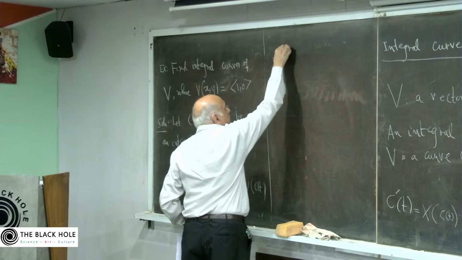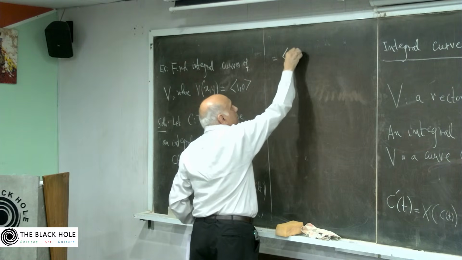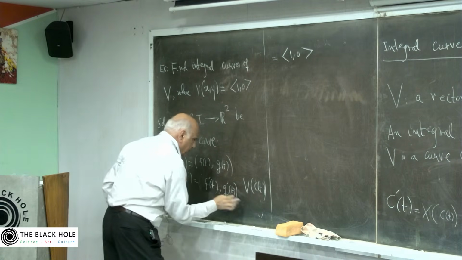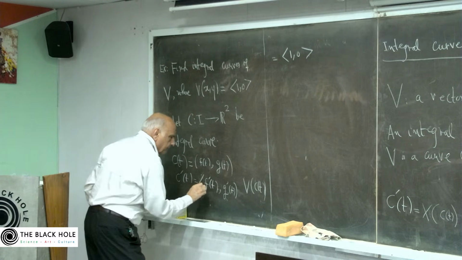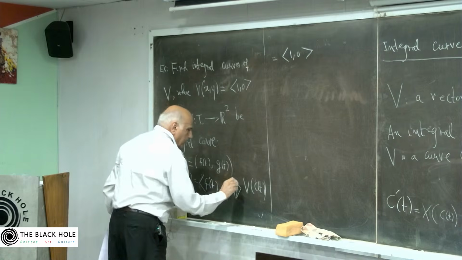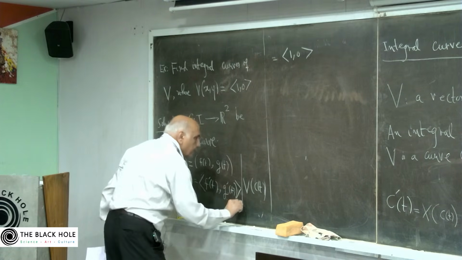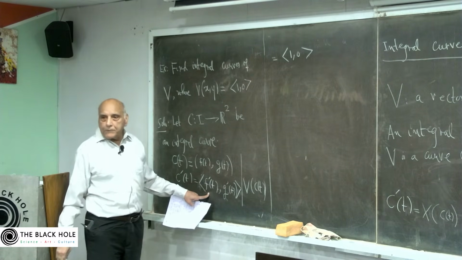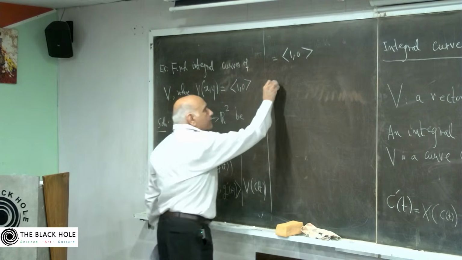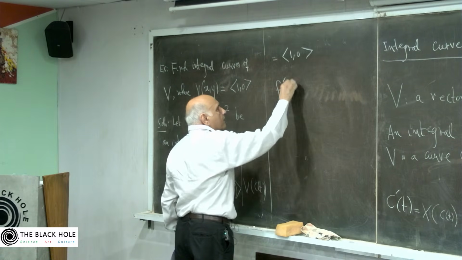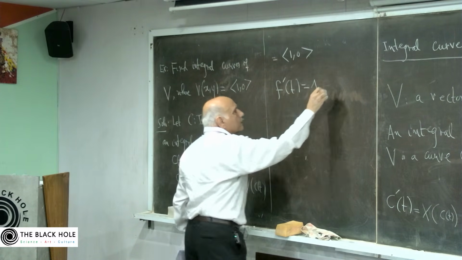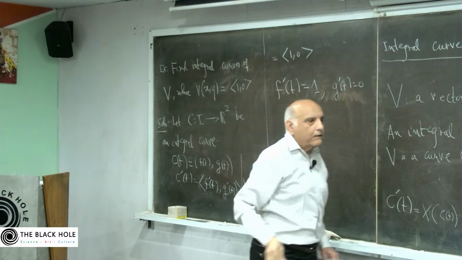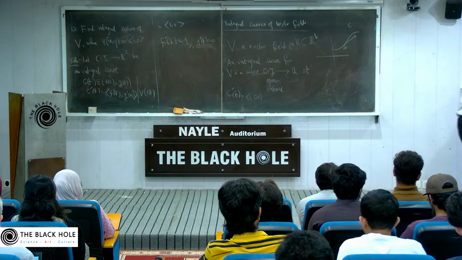Because I should be consistent, this is a vector at that point. So comparing, what did you get? f'(t) is equal to 1, and g'(t) is equal to 0.